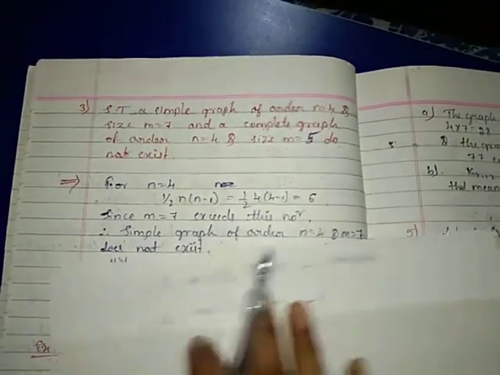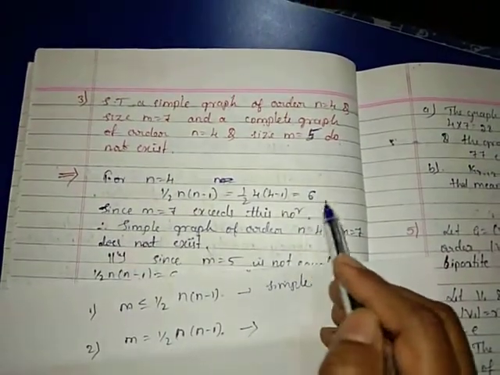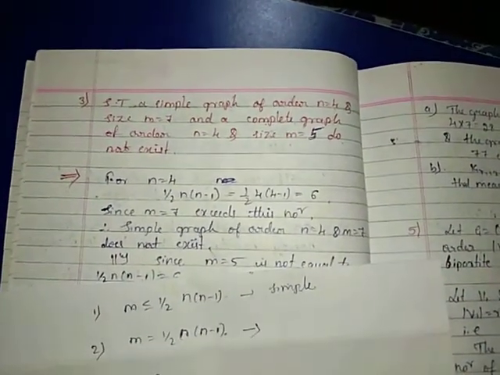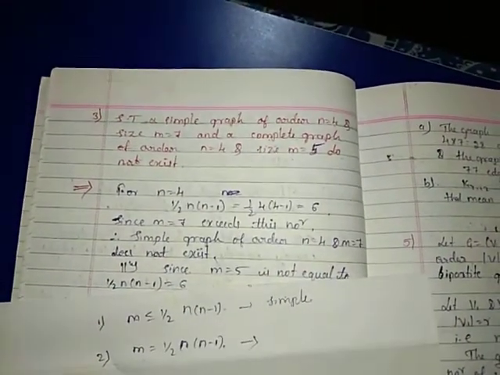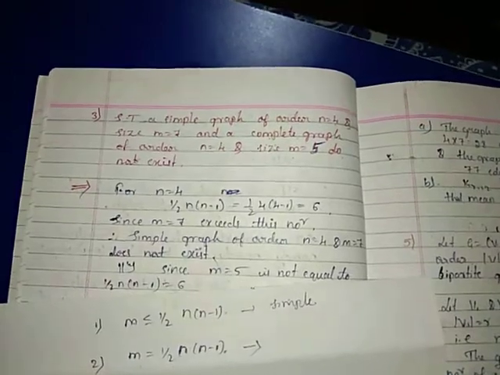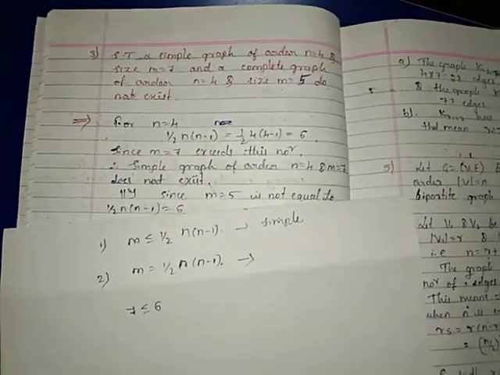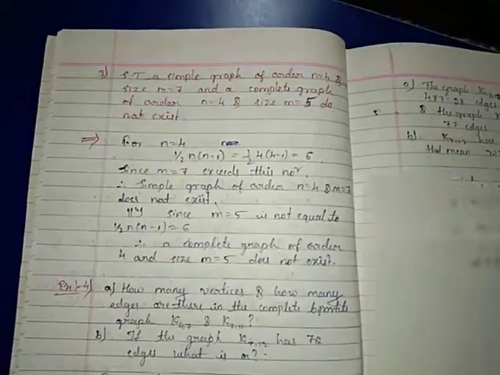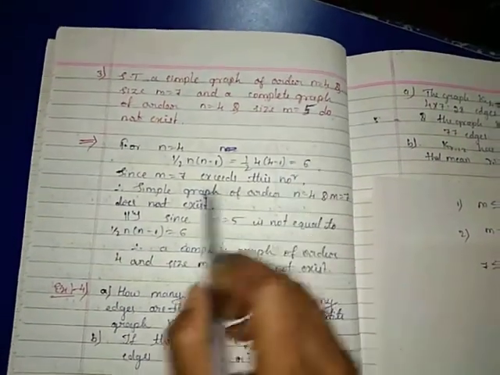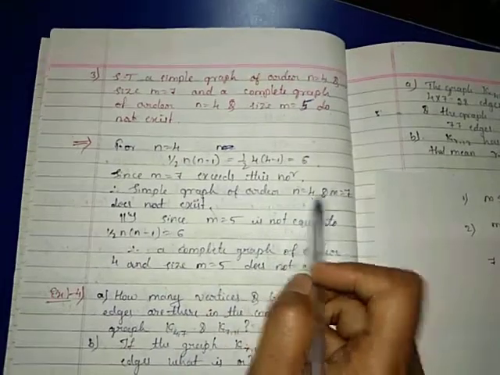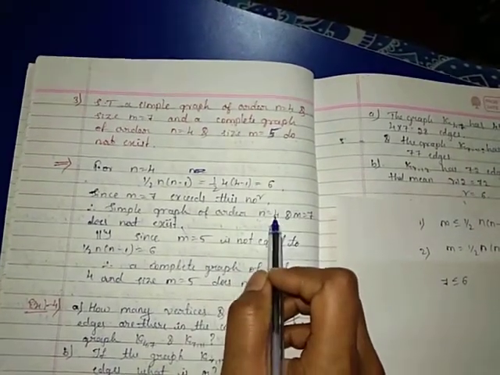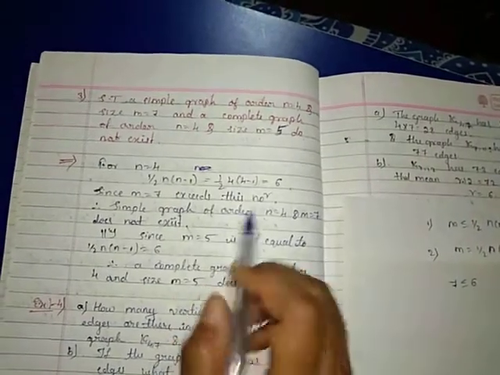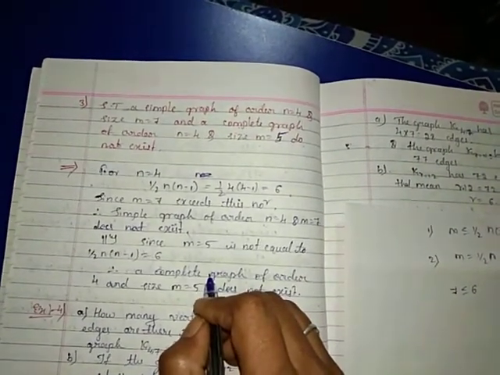According to the calculation, we have found it as 6, but the given is 7. 7 is not less than or equal to 6, meaning m equal to 7 exceeds this number. Therefore, the simple graph of order n equal to 4 and m equal to 7 does not exist here.